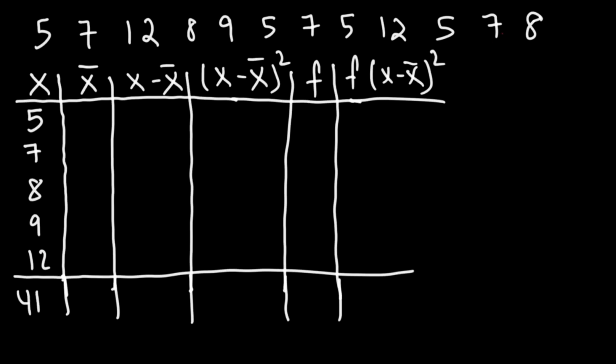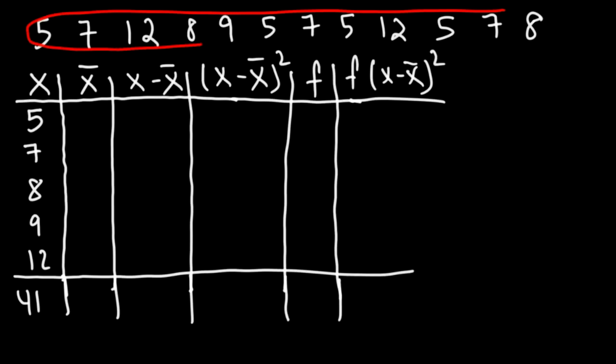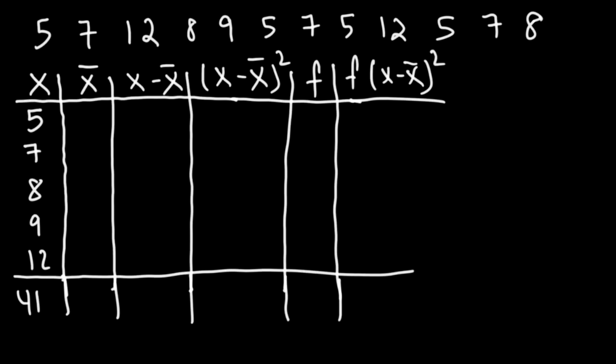The first thing we are going to do is to find the frequency of each of these numbers. The frequency of 5 is 4 because it appears 4 times. And in this place we have 3 sevens.